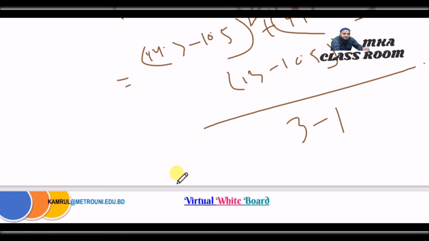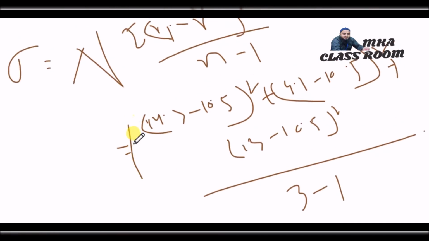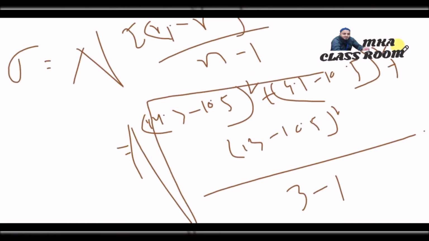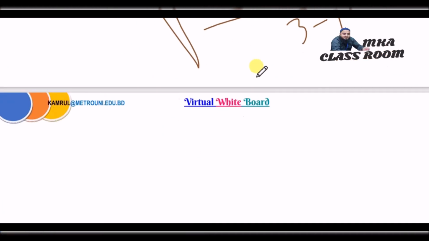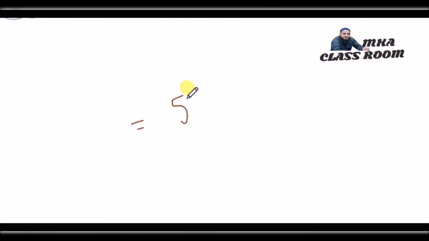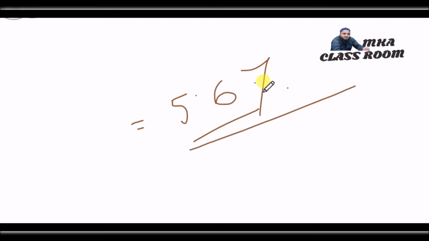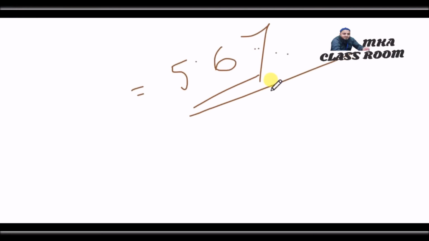Then you have to take the root over all of this. The result by the use of a calculator is 5.6%. 5.6% is our standard deviation.